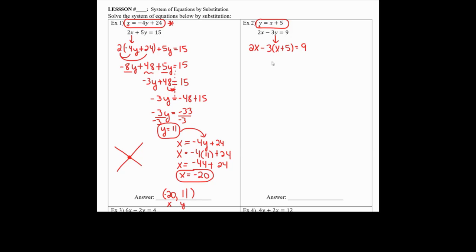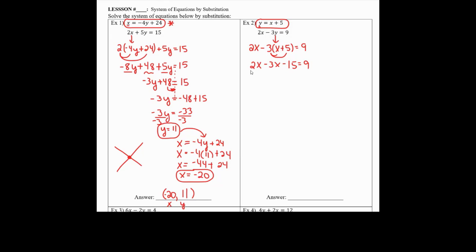Now is an equation. First step, eliminate parentheses. I'm going to bring down the 2x. Negative 3 times 1x is negative 3x. Negative 3 times 5 is negative 15, equals 9.